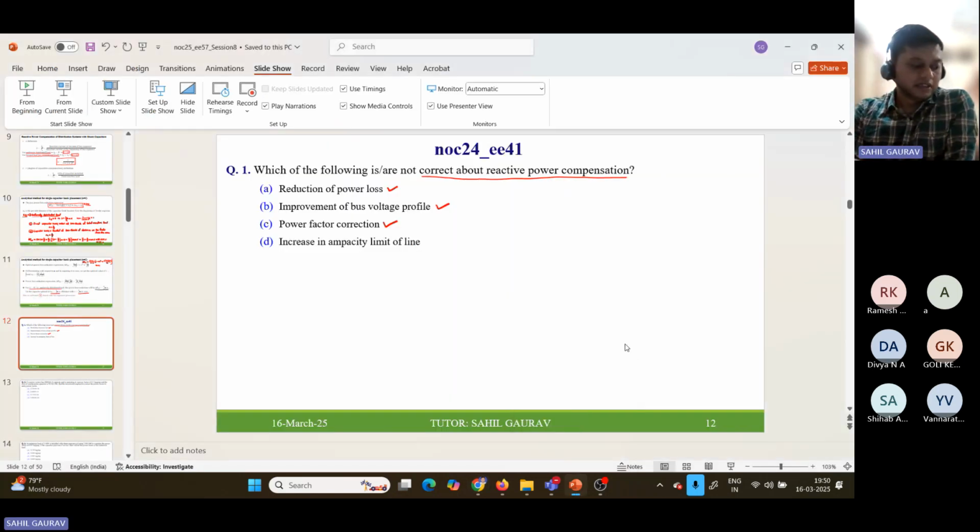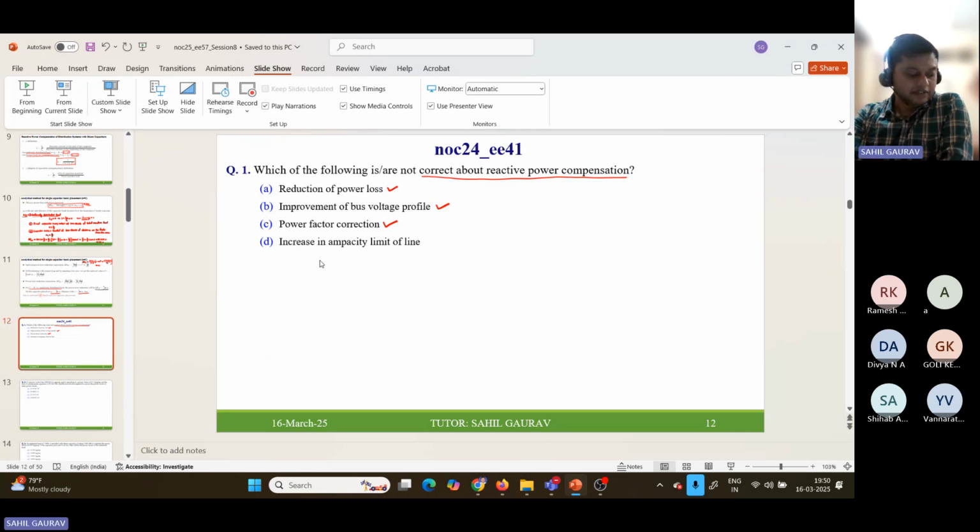I think this was in the previous questions also. But in the present assignment, we have a similar question. In that one, the option is increase the voltage drop between sending and receiving end. So that is okay. No.